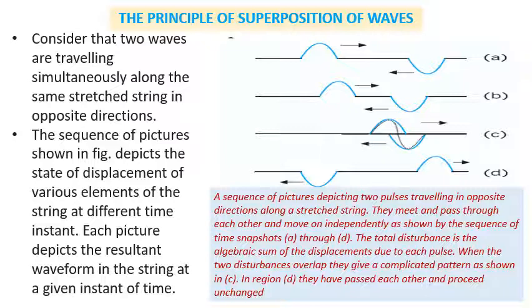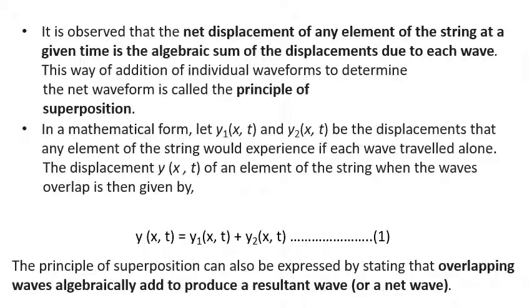The total disturbance is the algebraic sum of the displacements due to each pulse. It is observed that the net displacement of any element of a string at a given time is the algebraic sum of the displacements due to each wave. This way of adding individual waveforms to determine the net waveform is called the principle of superposition.